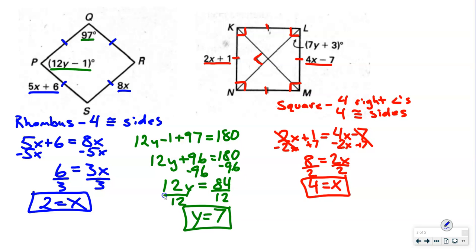Okay, then for y, I can see that 7y plus 3 is the measure of that angle. I know that angle, well, in this case, it's just pointing to this section of the angle.